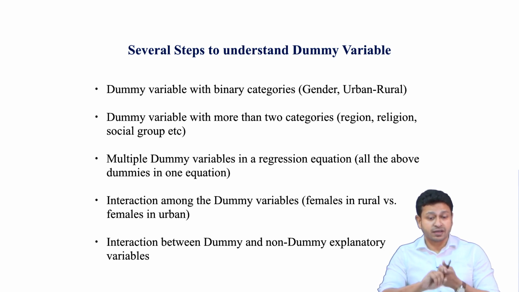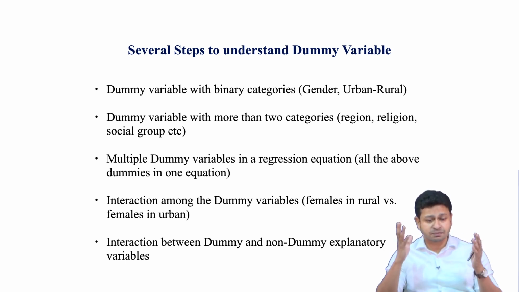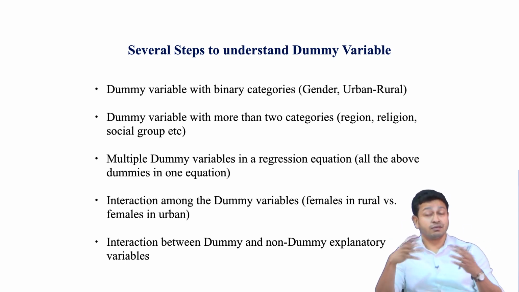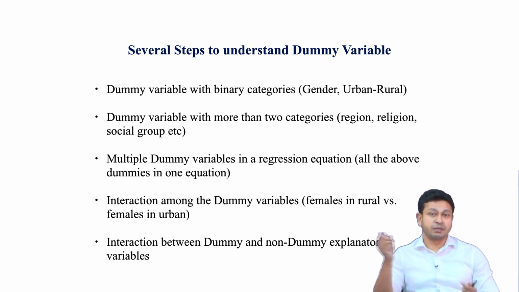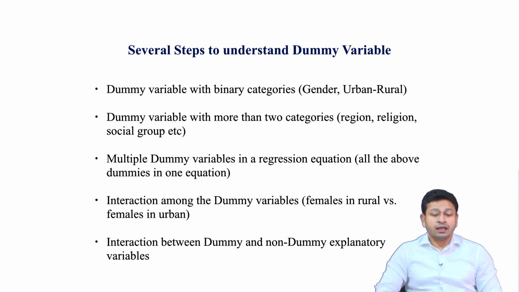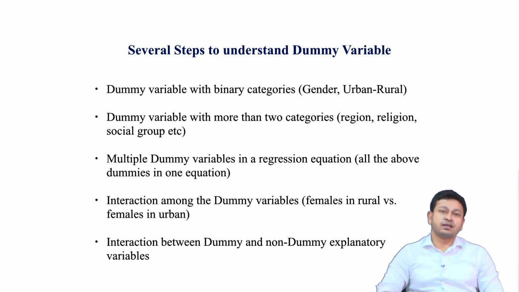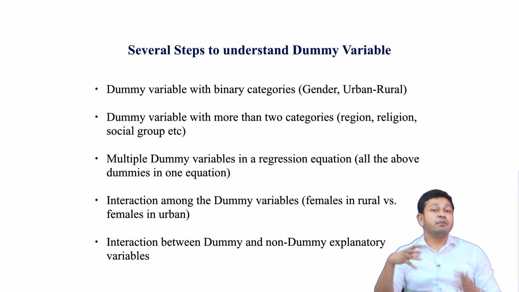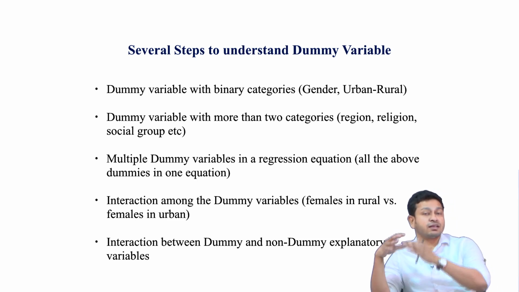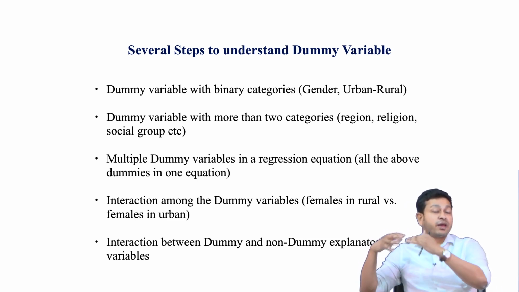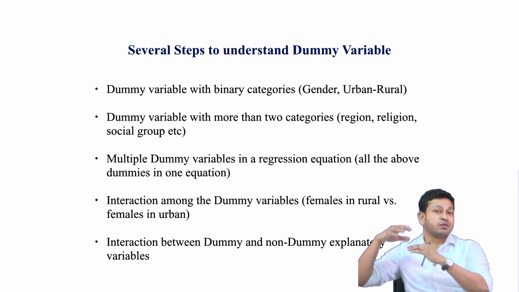I want to see the joint effect of females in urban India vis-a-vis, let's say, females in rural India. Okay. Then I will talk about another type where the dummy variable may interact with a non-dummy variable. So, let's say someone is a female, but I want to understand the impact of the female when they actually take into account the education part.